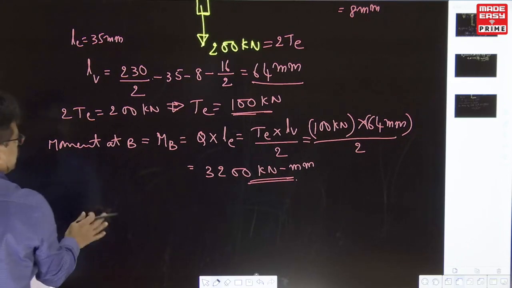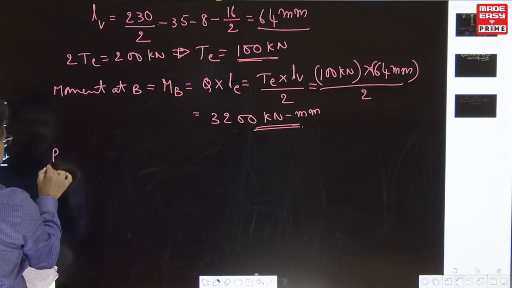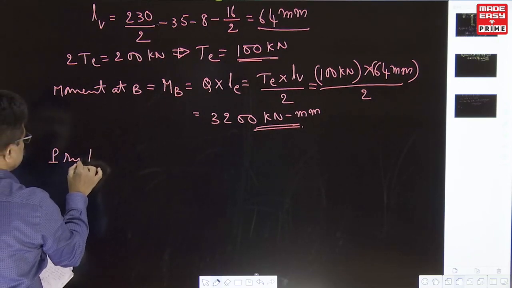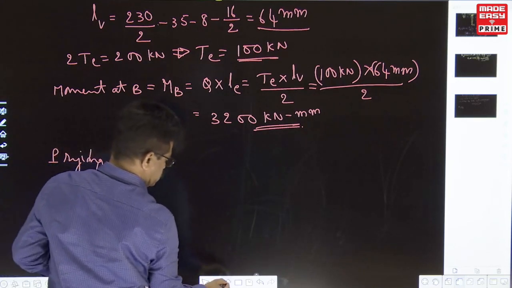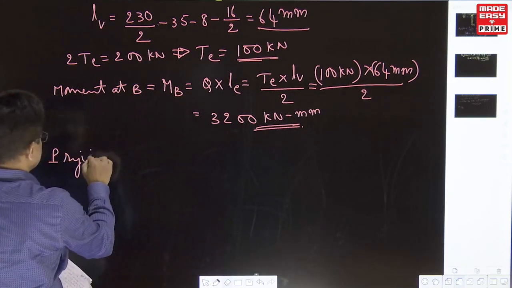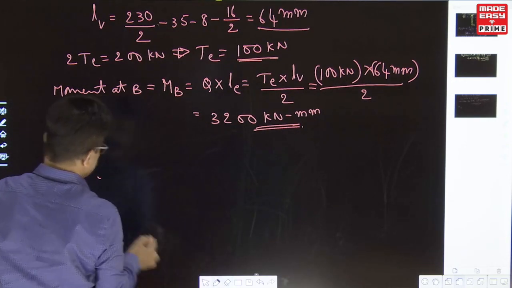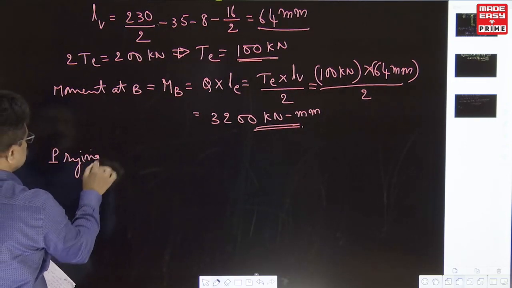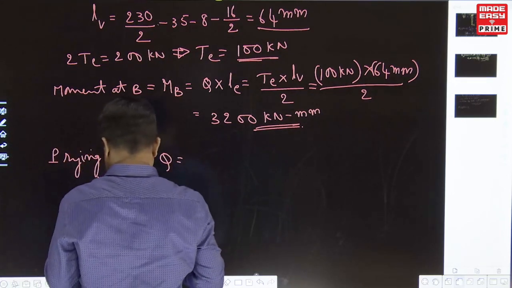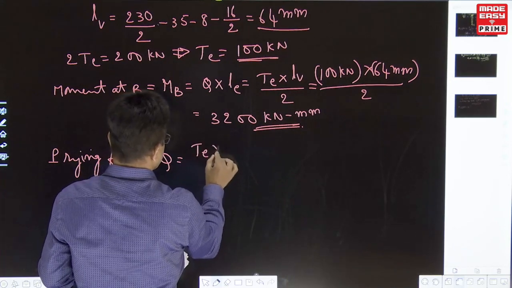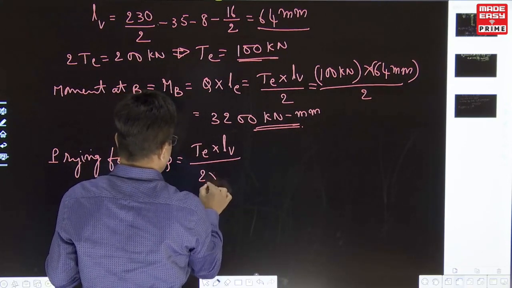Okay. Next, prying force. Q you will take as TE into LV by 2 into LE.